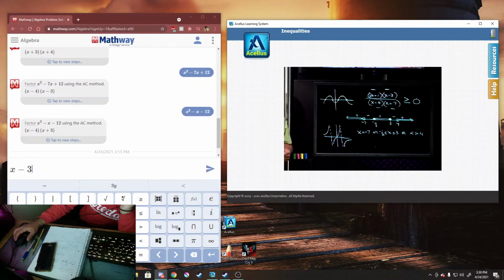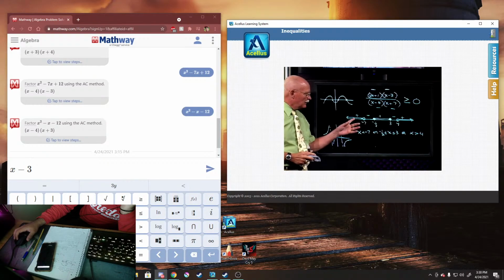So it really doesn't make any difference if it's a polynomial function where all of your factors are in the numerator, or if it's a rational function where some of them are in the denominator. You do it essentially the same way. You figure out where each factor is equal to 0, put them on a number line, and then test each interval.